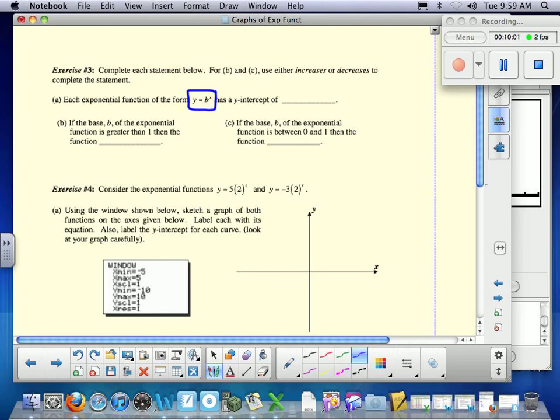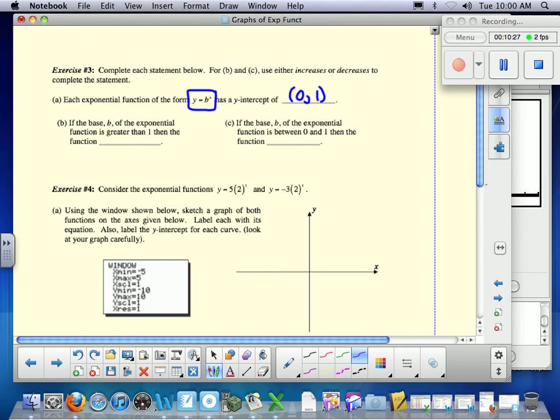The b is the base. So just any of those examples that we had on the front is what they're referring to. What is the y-intercept of each of those functions from the front? Right, where across the y-axis is the point 0, 1. Good. For every single one of those.